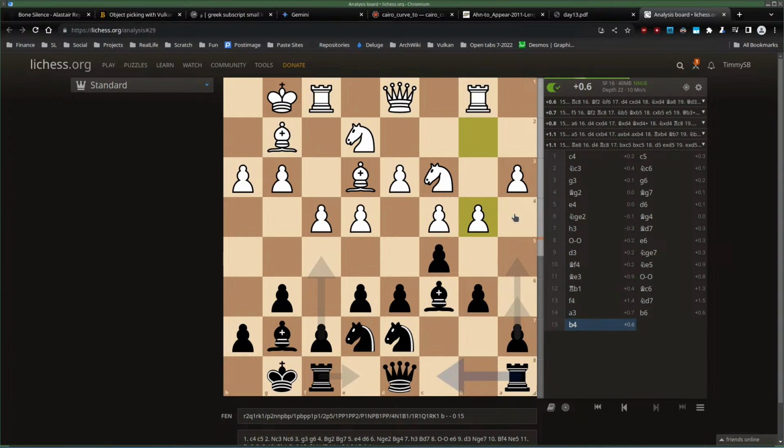Plus 0.6 still, okay. And now I played the second move. No, we just have to wait until it becomes the first move. Anyway, we'll play the f5.